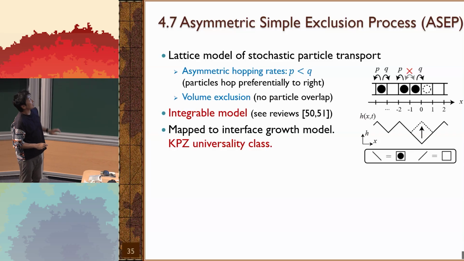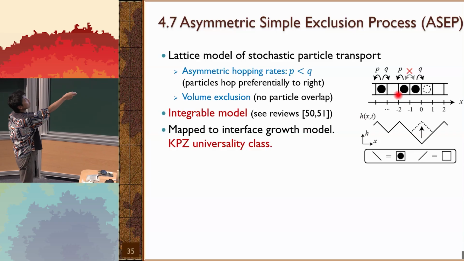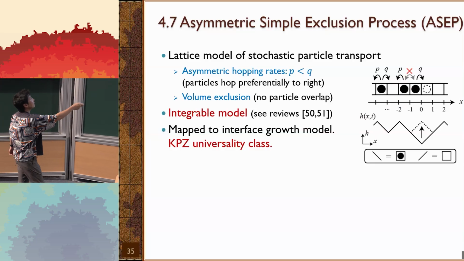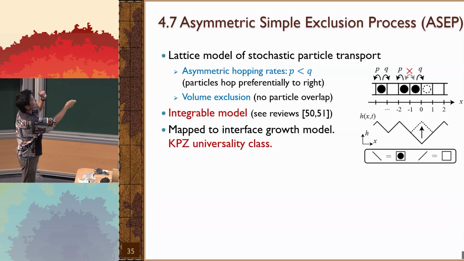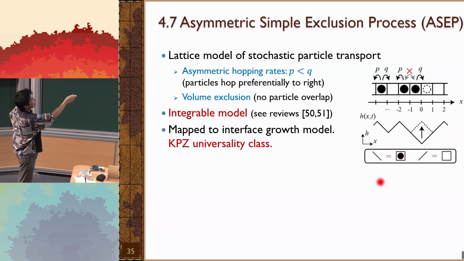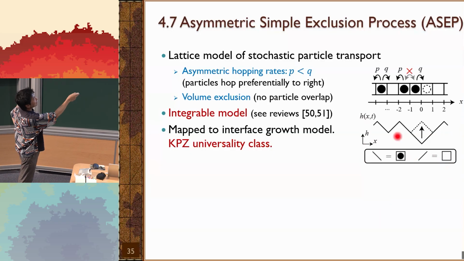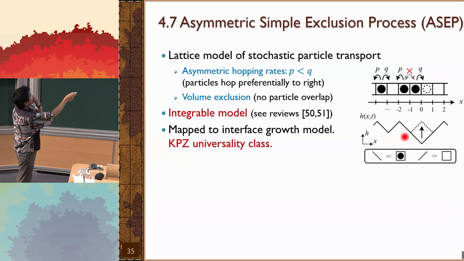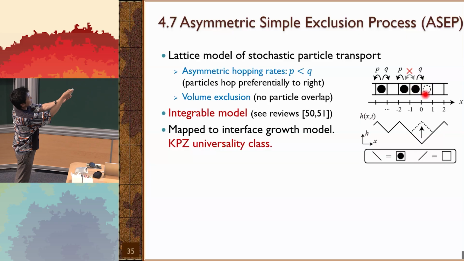To see why it's in the KPZ class, we can map this particle model to the interface model, as Ivan explained this morning. So to map, I replace this occupied site with downward slope, and unoccupied site is upward slope. Then this configuration is mapped to this kind of interface profile. And suppose this particle hops to its right.